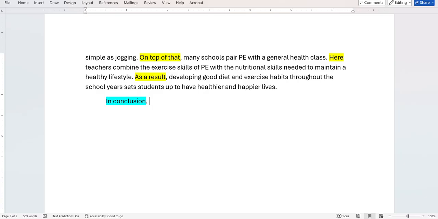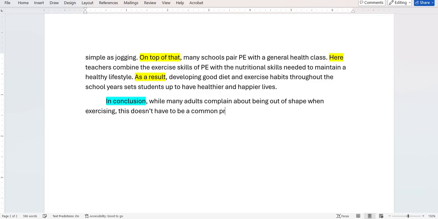So while many adults complain about being out of shape when exercising. In conclusion, this doesn't have to be a common problem.